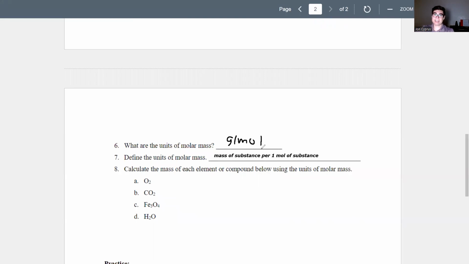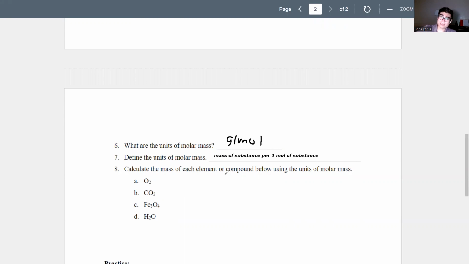All right, number 8 says calculate the mass of each element or compound below using the units of molar mass. So you look at your periodic table and we basically just add them up. So O2, we clearly have 2 oxygens from this subscript.